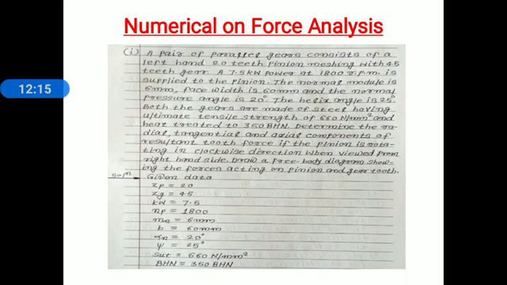Helix angle psi is equal to 25 degrees. SUT, the ultimate tensile strength of the gear material, is 660 Newton per mm square, and the hardness is BHN 350.